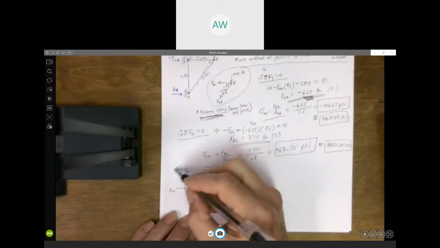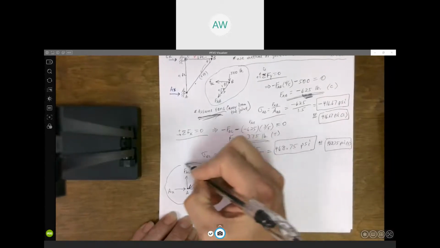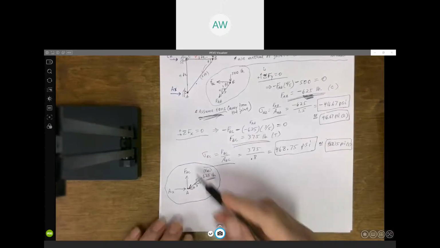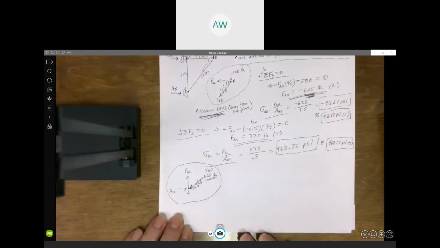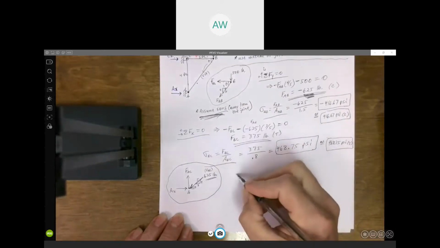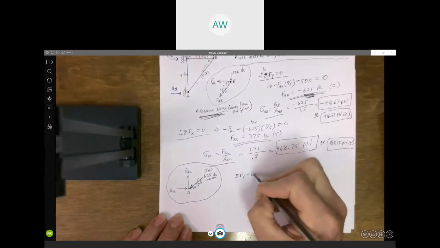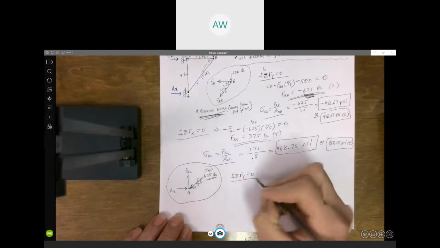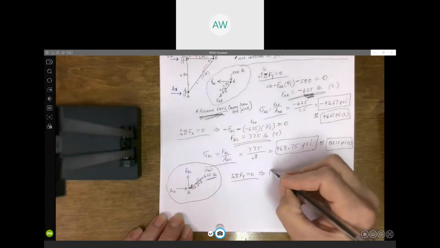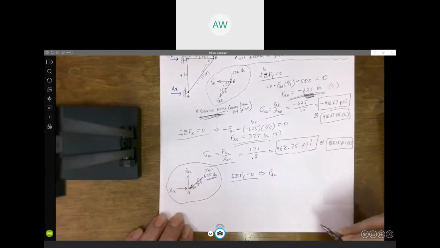So now we're going to apply our equilibrium equations to this free body diagram and calculate what force AC is. That's what we're after. It's in the y direction, so let's sum the forces in the y. And we've got force AC going straight up, so positive.